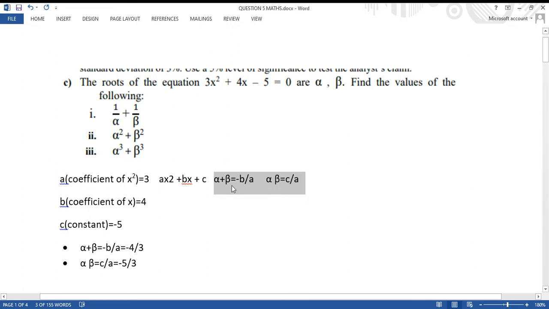As you can see here, alpha plus beta is -b/a. b is 4, so put -4/3, and a is 3. Then alpha times beta, which is c over a, c equals -5 and a equals 3.